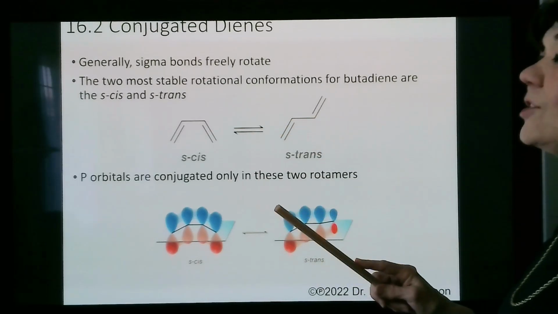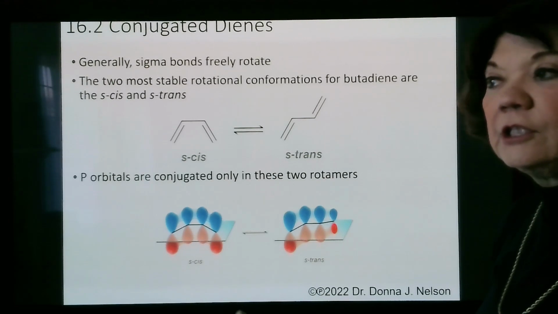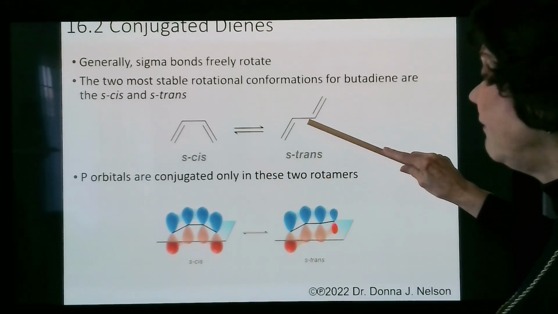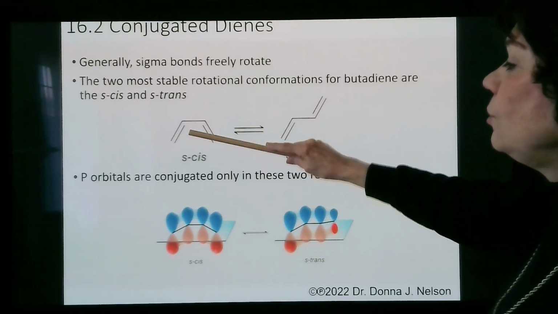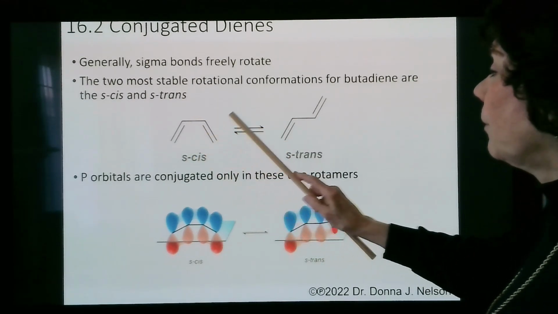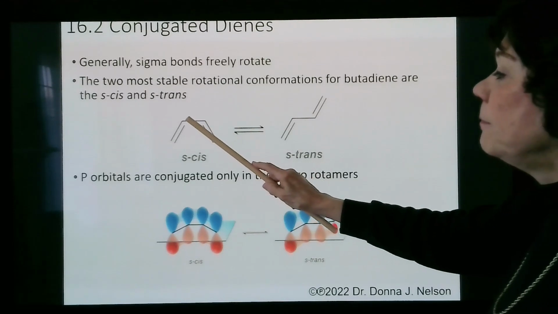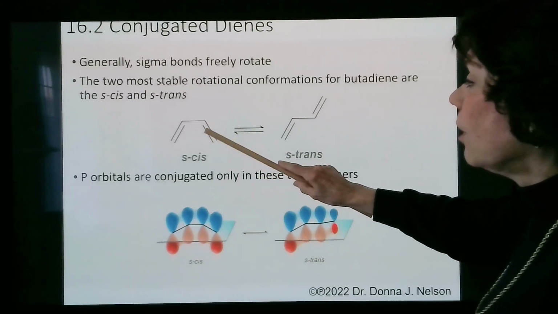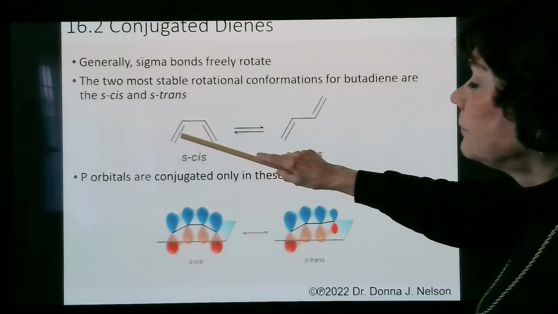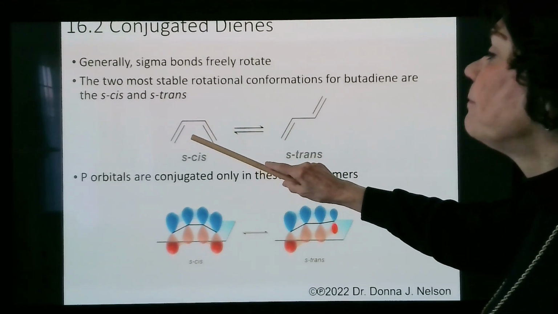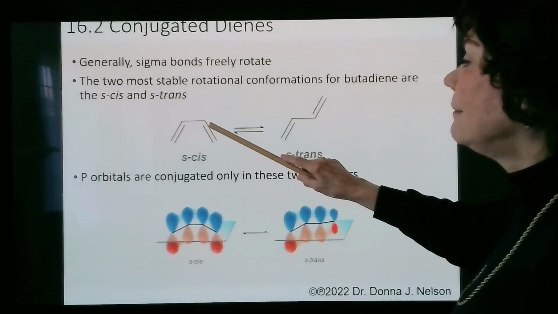However, it's a little bit restricted. There's a small amount of energy needed to go from the cis isomer to the trans isomer, because when you rotate this, you're going to have to just briefly break the conjugation.